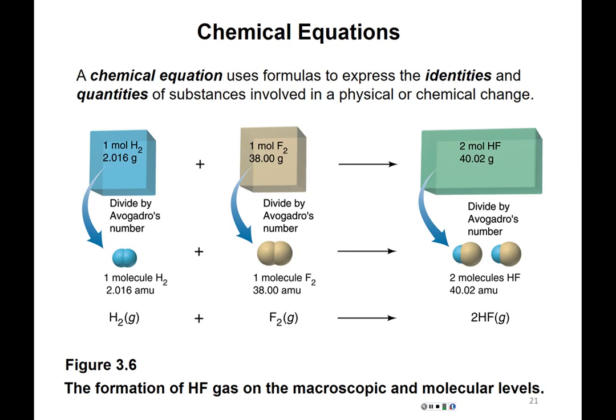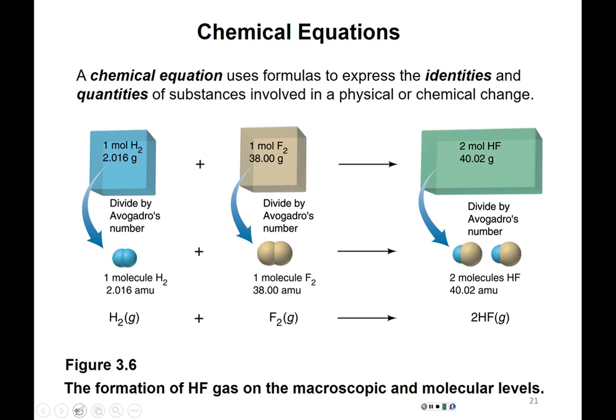So really what a chemical equation does is it uses formulas to express what chemicals are reacting and the quantities that they're reacting in, the ratios that they're reacting in. And so this figure from the book is telling you the macroscopic level and the microscopic levels.